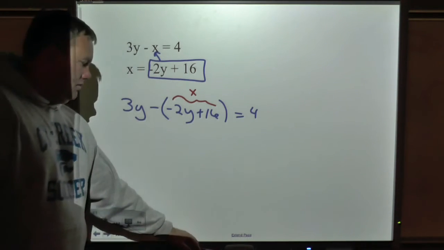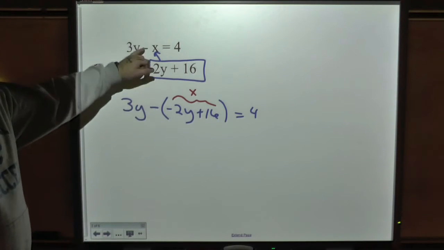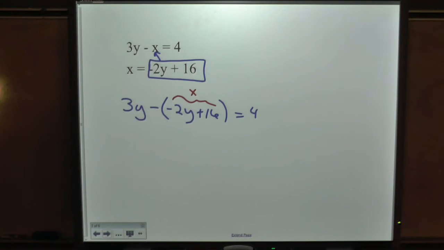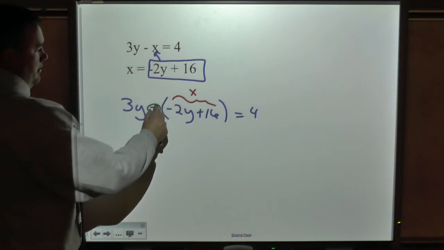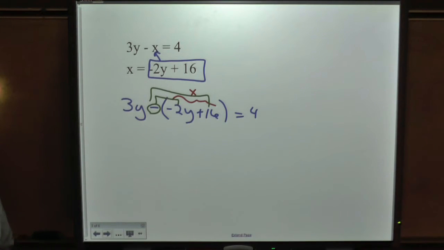As we talked about before, this all represents x. Now, because of this negative sign right here, this makes things a little more difficult. But what that negative sign means is the opposite of everything that's inside this set of parentheses. Or you can think of it as a -1, so it's like multiplying by -1.